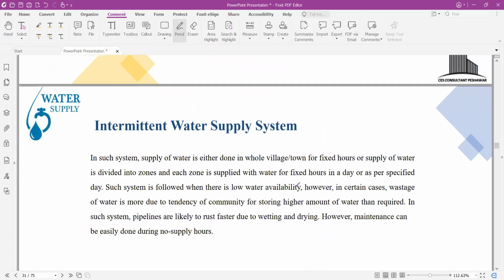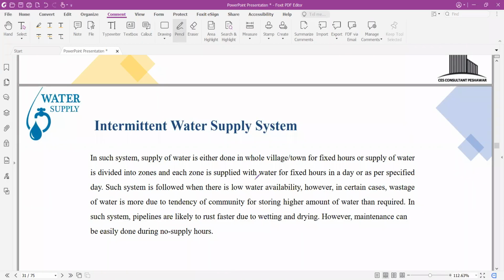Intermittent water supply system. In an intermittent water supply system, we provide water through pumping for about 8 to 12 hours, and a number of elevated storage tanks are provided to fulfill demand in the remaining hours.